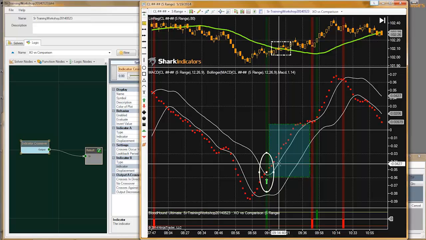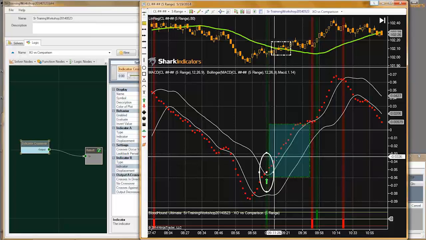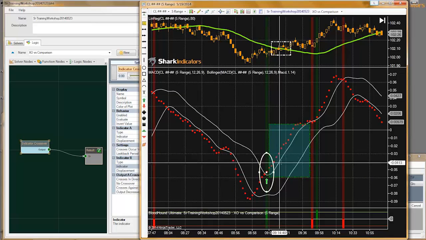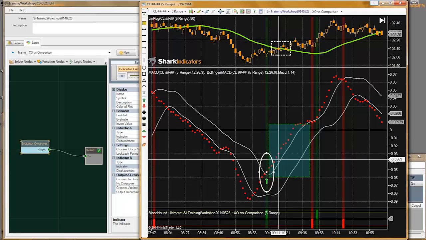And in that case, if you're looking for an indicator to be above or below another indicator, that's using the comparison solver. Okay, so really our first condition is we're comparing the MACD to the upper band. We're checking to see if the MACD is above or below the upper band.